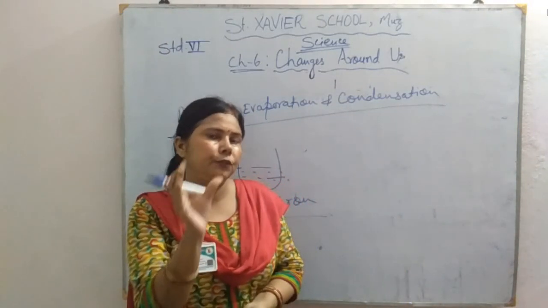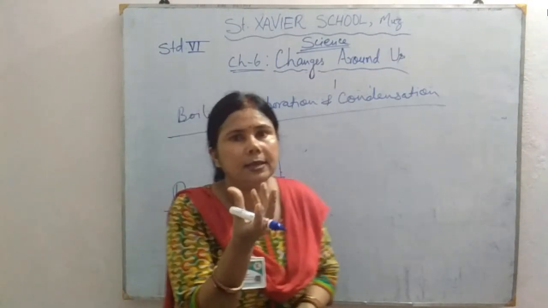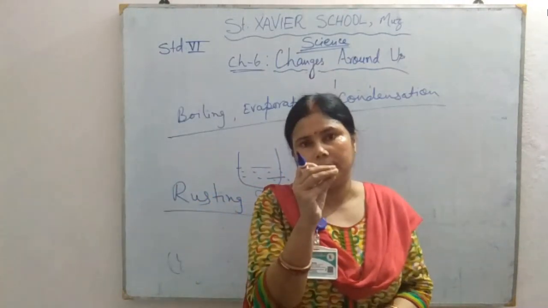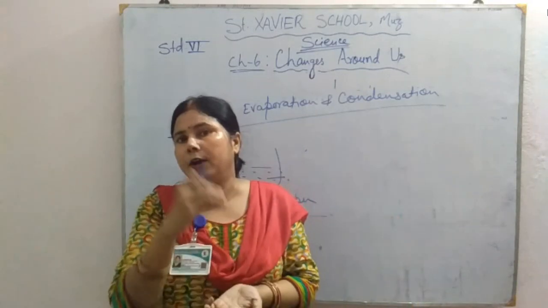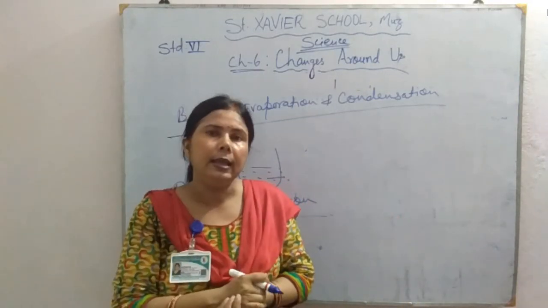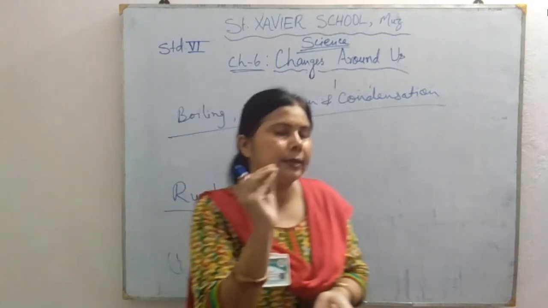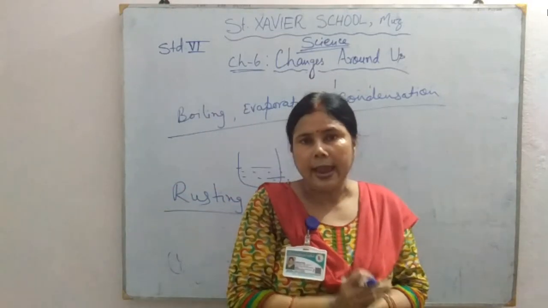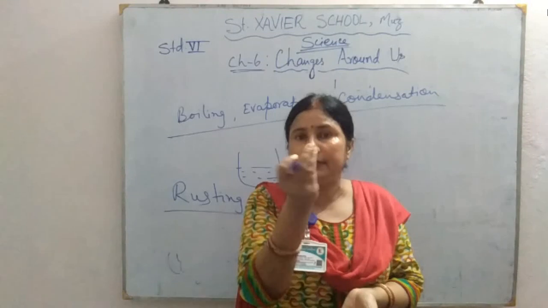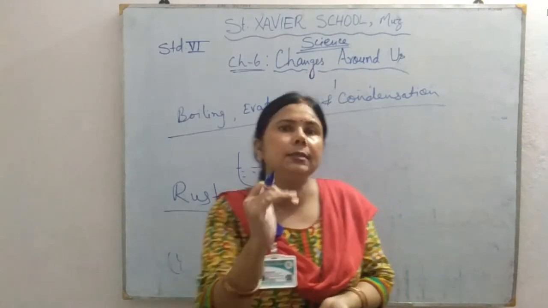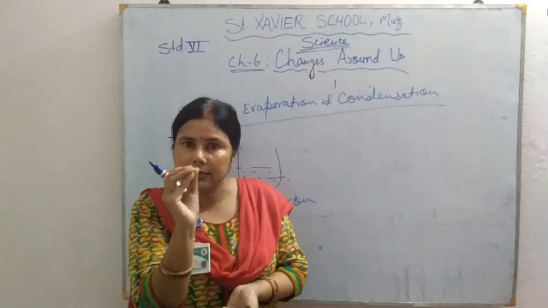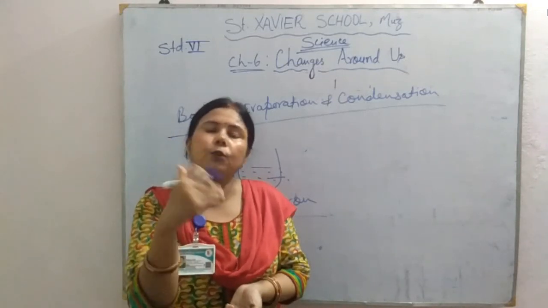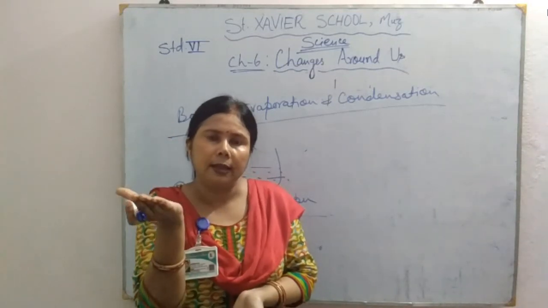After a few days, you will see, children, some brown substance deposits on the chain. And what is this substance called? This brown substance is called rust. Okay, children? And this rust gradually eats up the chain, eats up the iron, and corrodes it.